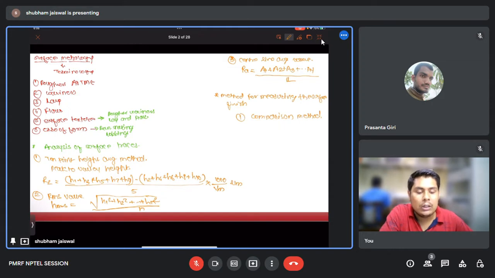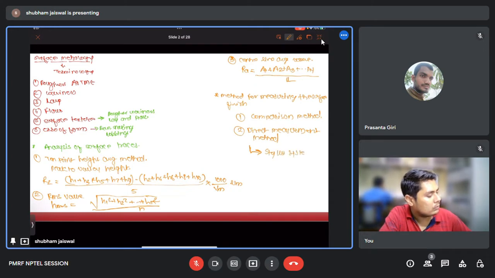The second method is the direct measurement method, in which we have seen the stylus system of measurement. So all these things we have seen in surface metrology.